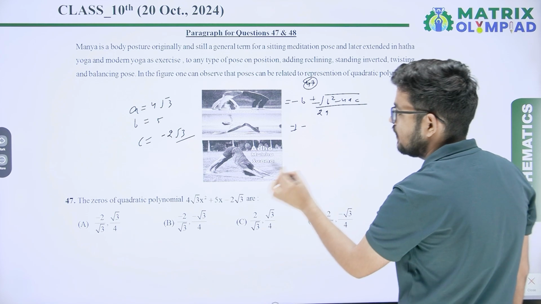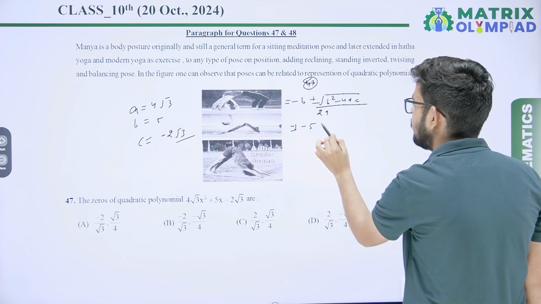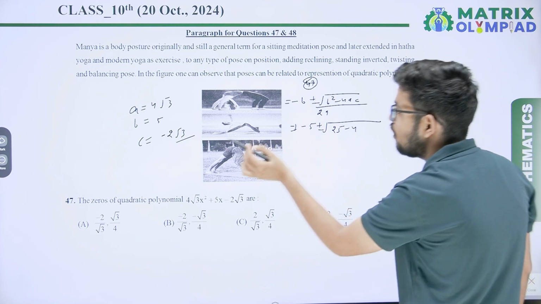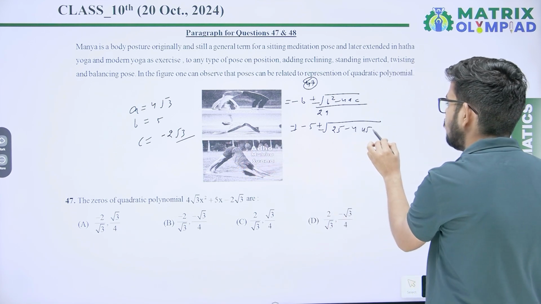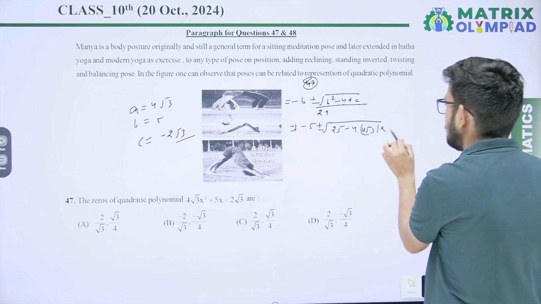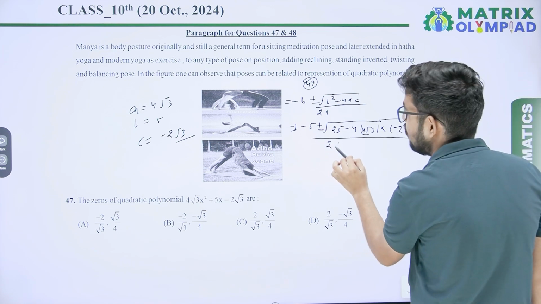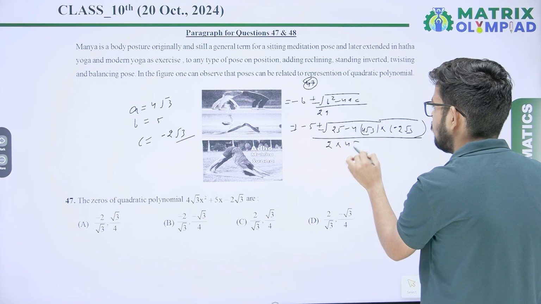So minus of 5 plus minus root of 5 square 25 minus 4, value of a is 4 root 3 and value of c is minus 2 root 3, upon twice of value of a, 4 root 3.